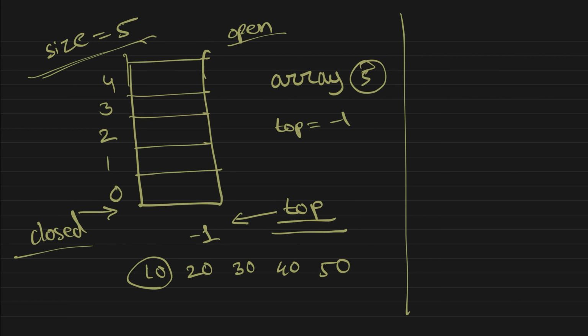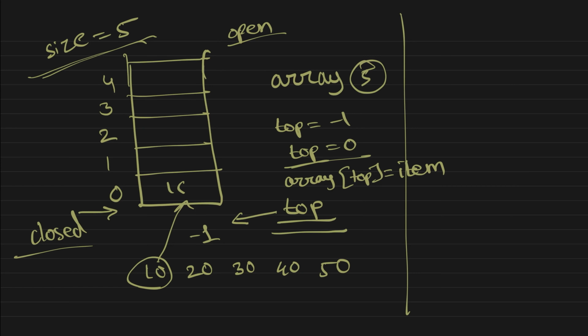I will increase my top by 1. So now top becomes what? 0, and at the 0th location I would add this 10 element. Okay, so I would do array of top, whatever is the name of the array, which currently would be my item that I want to add in the stack. Okay, so this 10 would get added here.